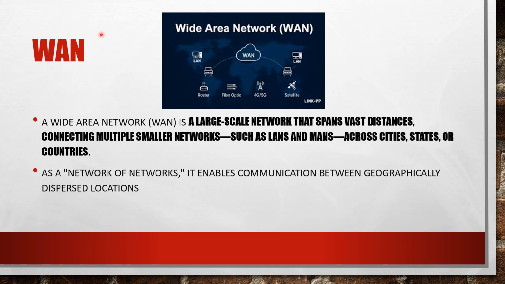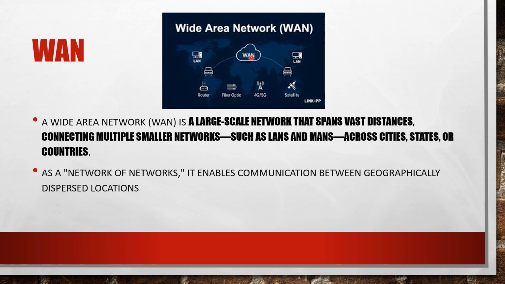And coming to wide area network, it is another widely used networking type, where large scale networks span and cover vast distances, and multiple smaller networks have been merged together.